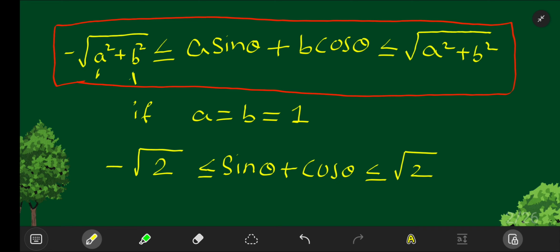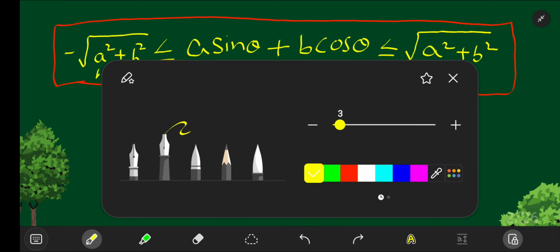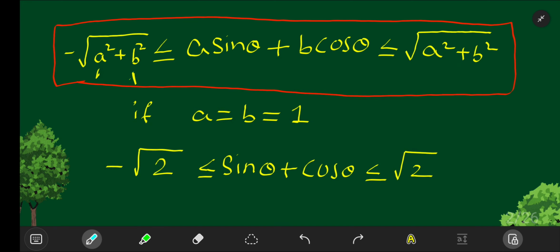At theta equal to 225 degrees, the value of sin 225 plus cos 225 is minus root 2.